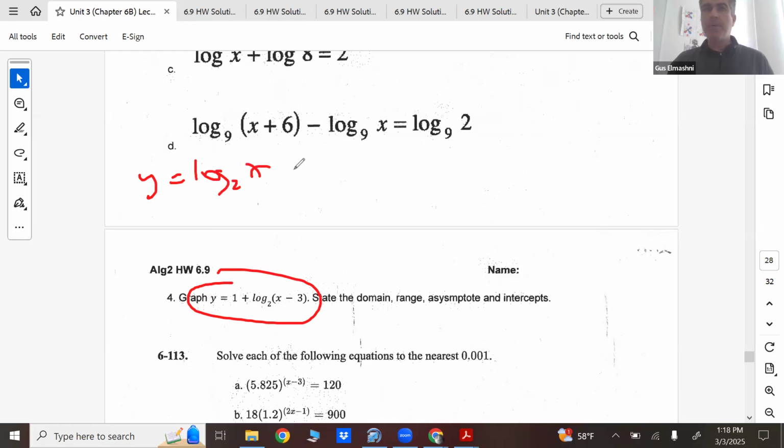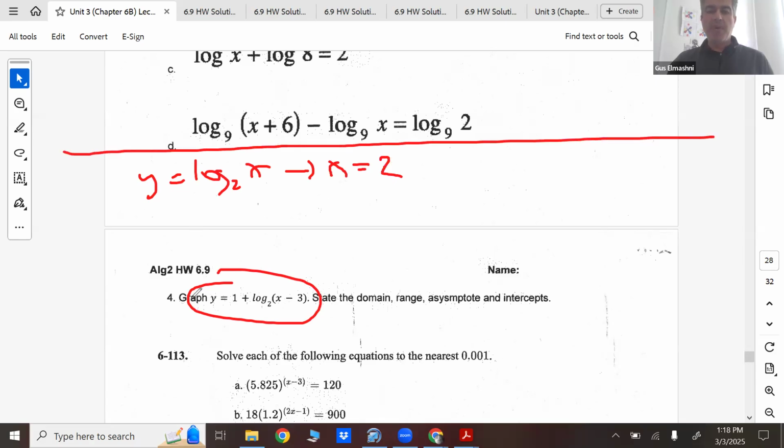How do you rewrite that? What does that become? X equals. No, I'm doing the graphing problem right below. So that'd be x equals 2 to what power? 2 to y, good. Make a table.